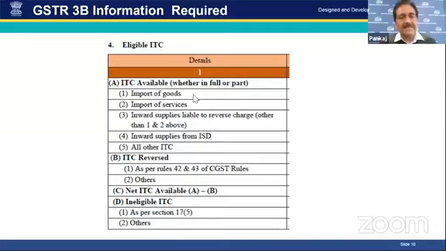The taxpayers who have availed credit in respect of inputs and capital goods used exclusively for business purposes or partly for non-business purposes have to calculate it as per the formula prescribed in Rule 42 and 43 of the CGST Rules and declare it as ITC to be reversed.